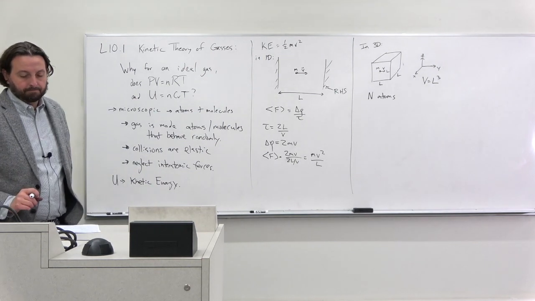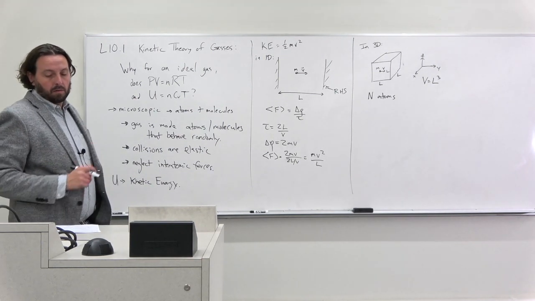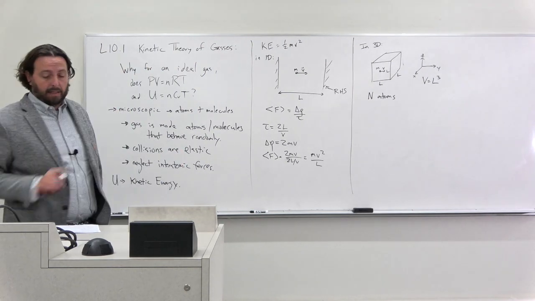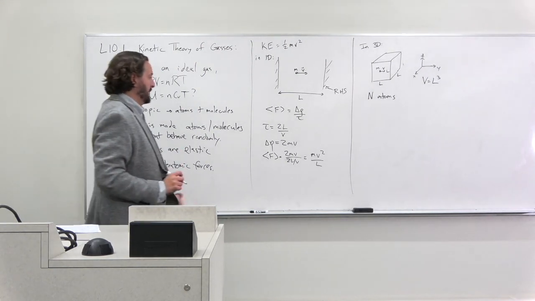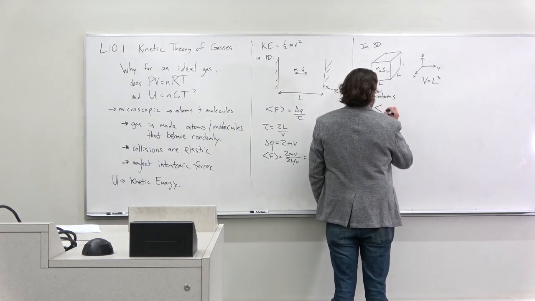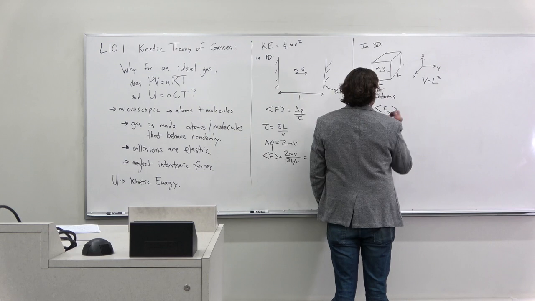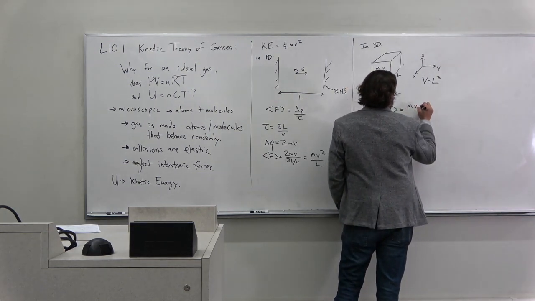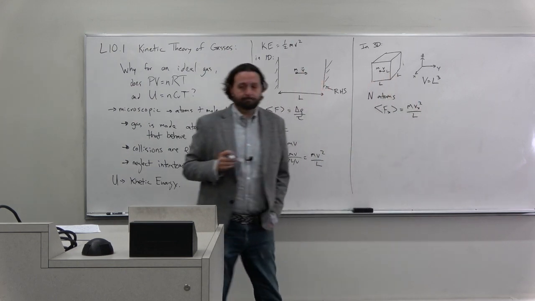Now again let's consider the force that we apply on the right-hand side wall. So here we had the force in the x direction was mv in the x direction squared over L.